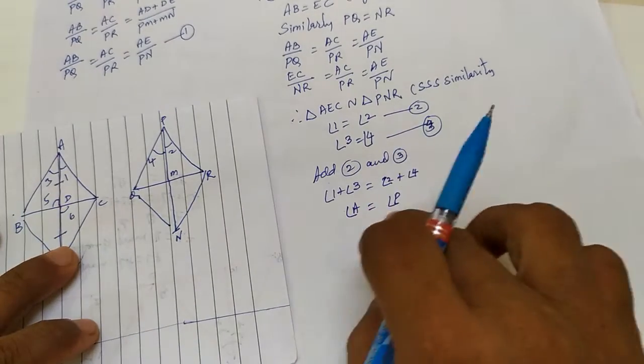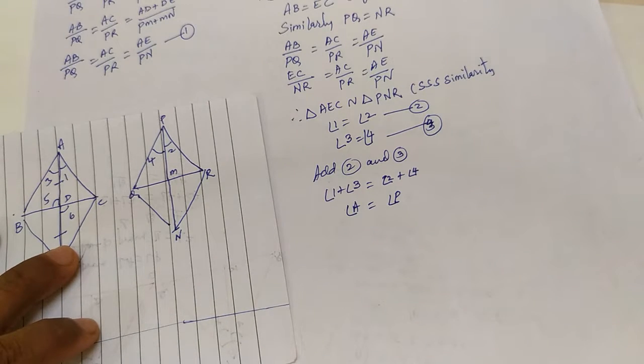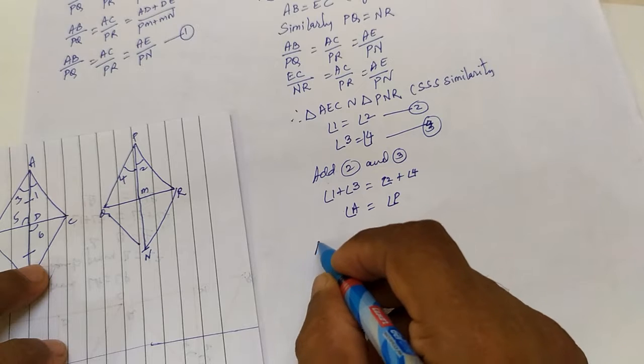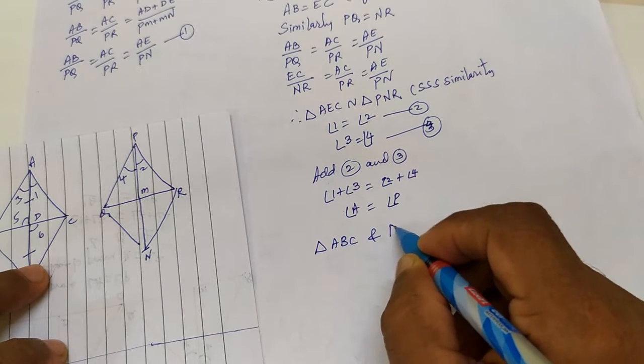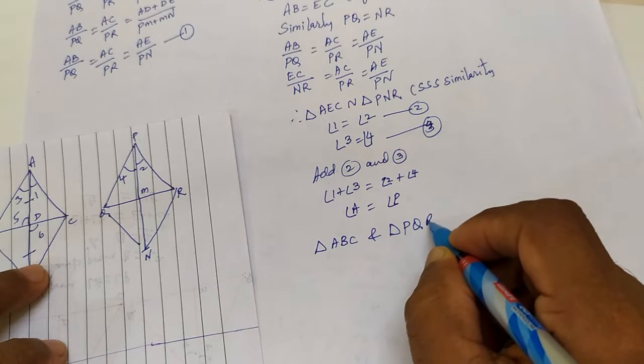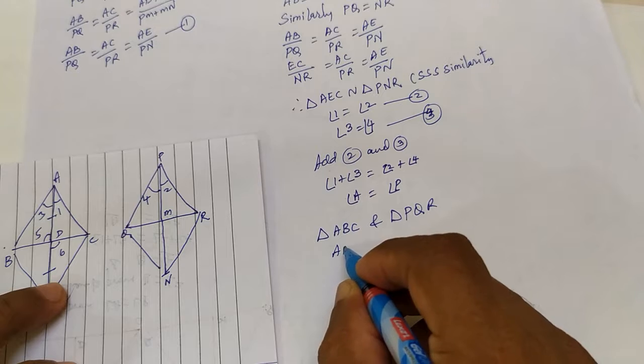So this way we have proved that in triangle ABC and triangle PQR, what are the corresponding parts?